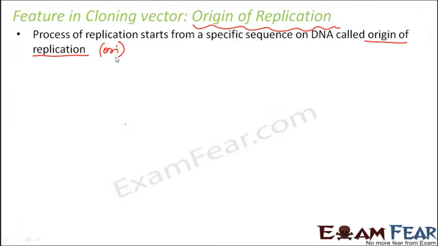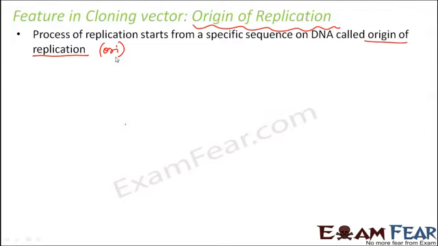Now it is very important to know that the process of replication doesn't just start from anywhere. There are some specific locations or specific sequences on DNA from where it starts. Now, why is it important to note the origin of replication? That's because when the foreign gene or the foreign DNA is being introduced into the host cell, our main purpose is that the foreign gene or the foreign DNA should be able to replicate.